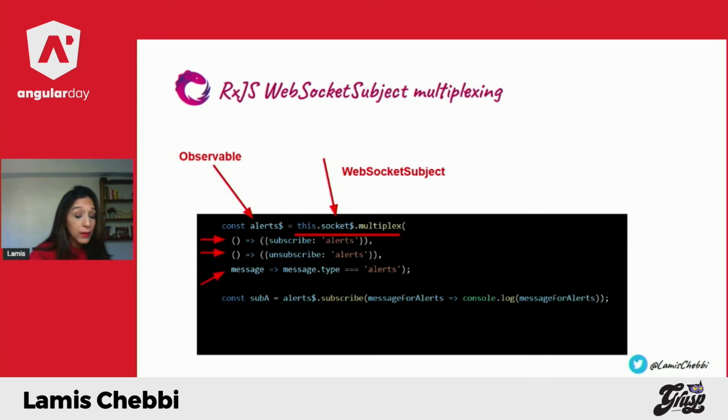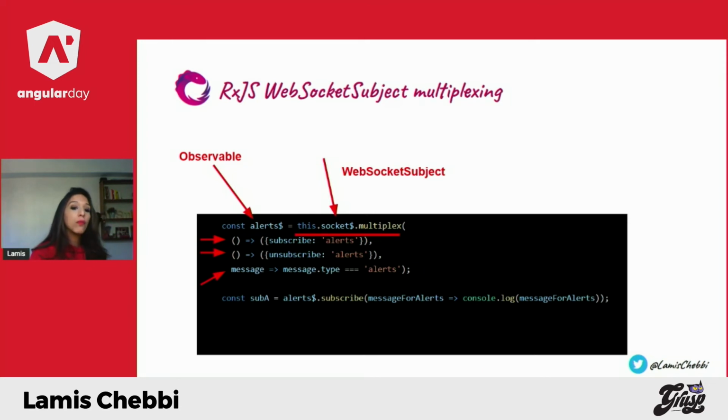And the third callback is processed in the client-side layer. It's kind of telling the front-end layer that those messages are coming to the component alerts, for example, here in my case.